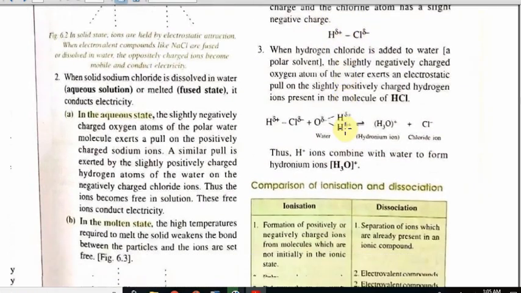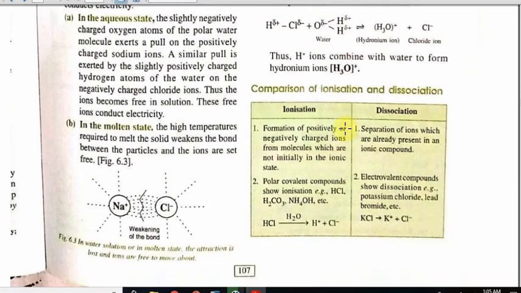So let us compare the process of ionization and dissociation. Now formation of positively or negatively charged ions is called ionization, remember, which are not initially in ionic state. Now dissociation is separation of ions in which ions are already present.